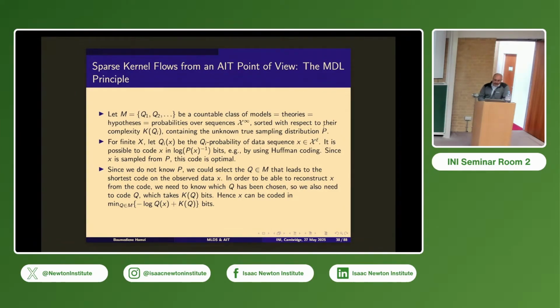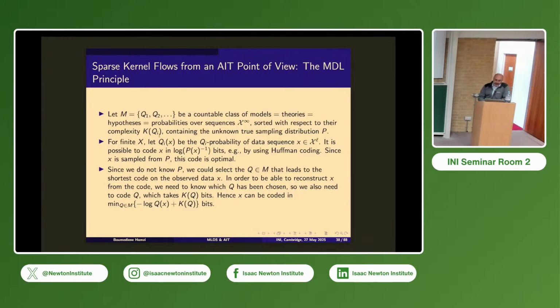Basically, you take a set M that contains everything that you know about your system, whether it's models, theories, hypotheses, or probabilities. You put everything in M, and then you sort them using the corresponding Kolmogorov complexity.